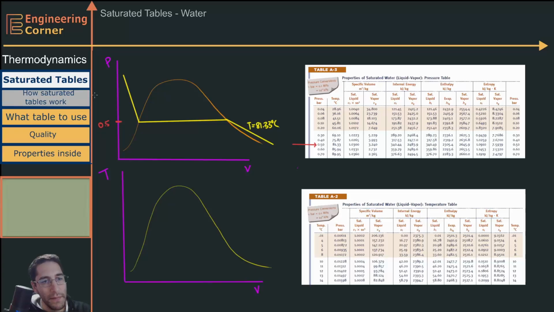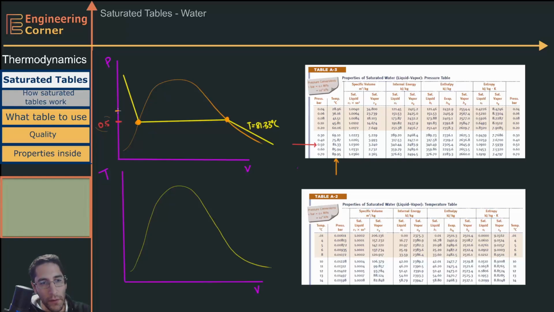So that tells me right here at 0.5 bar, when I'm inside my mixture region, from this point to this point, the temperature is constant at 81.33 degrees, and that is given by whatever this column is.